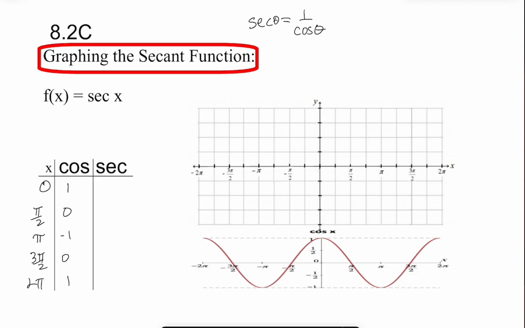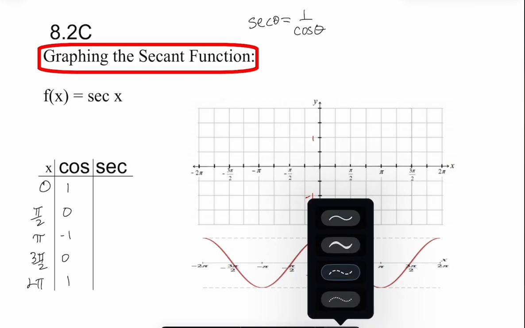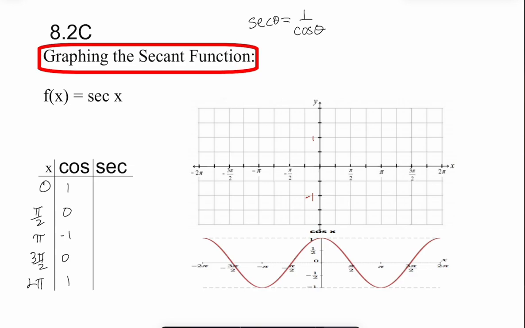So let's put that graph on our graph paper that we see here. Let's make this 1 and -1. And we're going to make it a dashed line, okay? So we have our cosine. So we're just graphing our cosine. It starts at 1, then it goes to 0, making a half a bump.